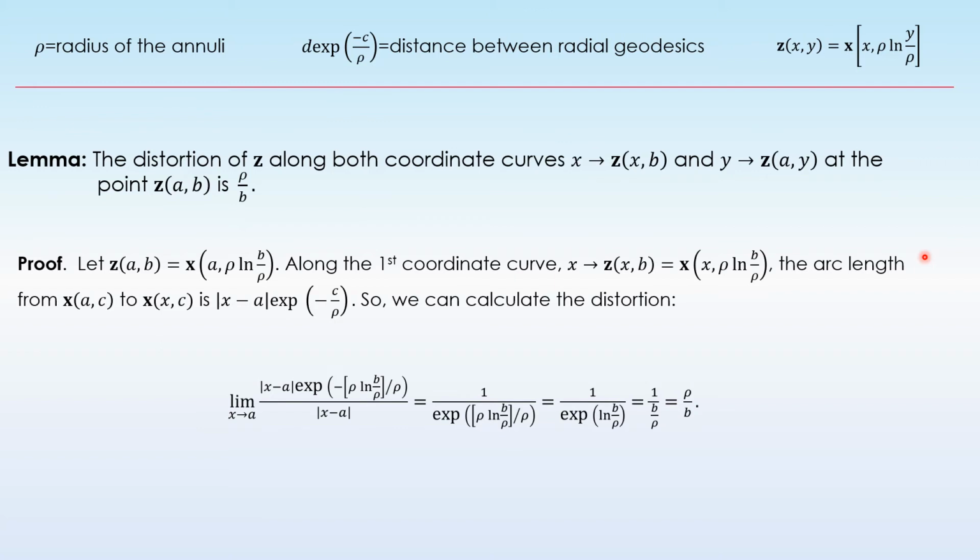So we have 1 over e to the natural log of b over ρ. Since the exponential with base e and the natural log are inverses of each other, that leaves us with 1 over b over ρ. That's really just the reciprocal. So what we have is ρ over b, as desired.